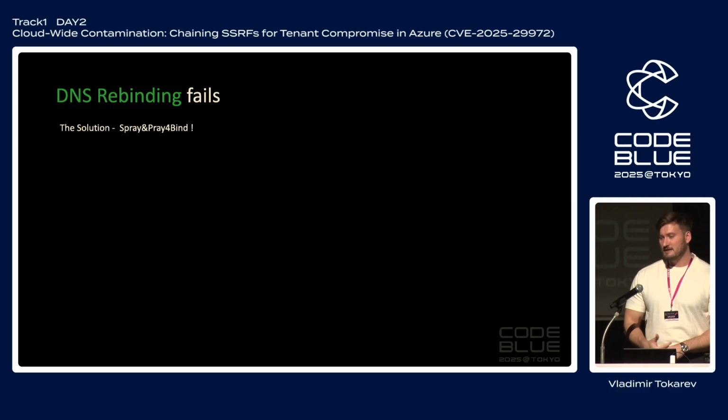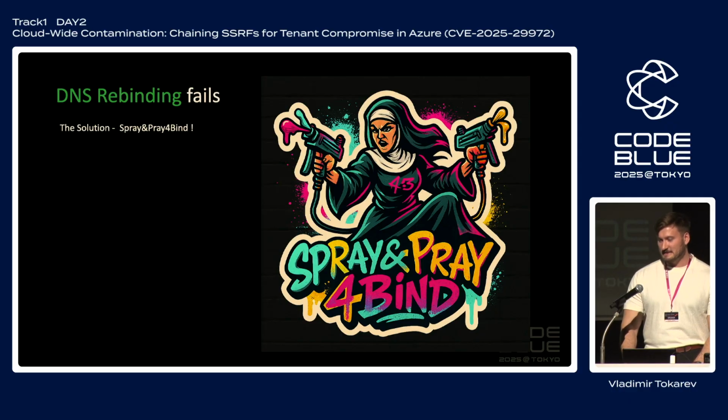Now, the solution is something that we call spray and pray for rebind. Basically, what would be the idea? The idea would be, let's trigger a lot of SSRFs in a 15 seconds interval.